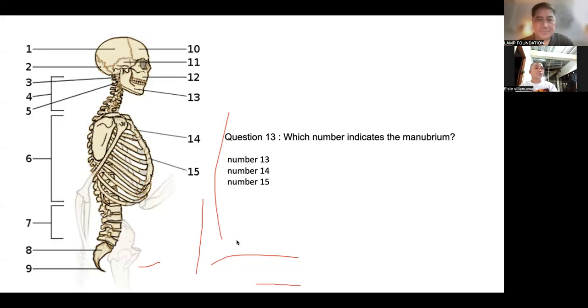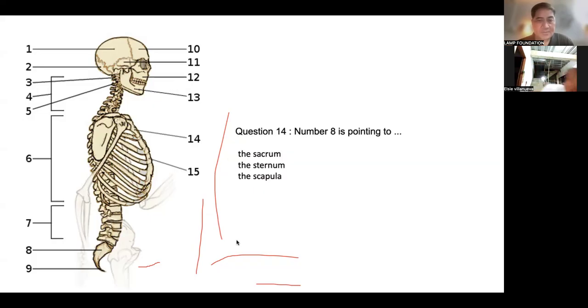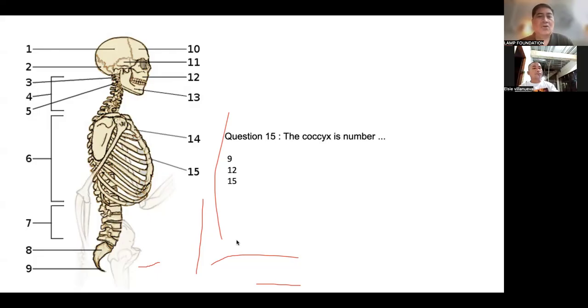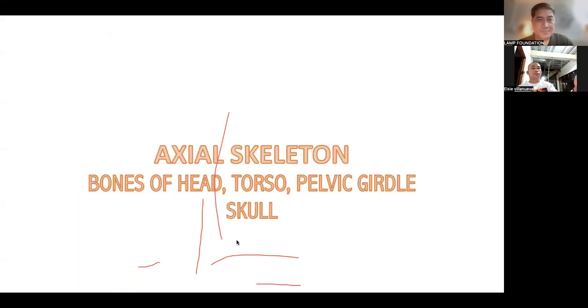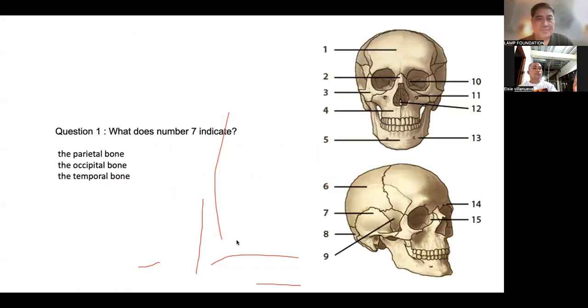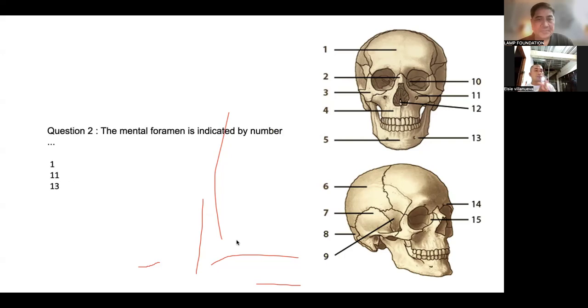Manubrium. Number 14. 8, the sacrum. Coccyx. Number 9. 7. 7 is temporal bone.